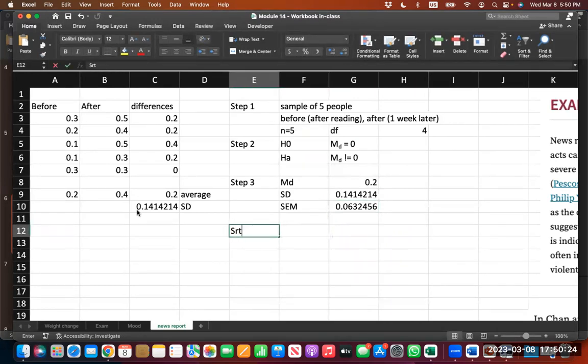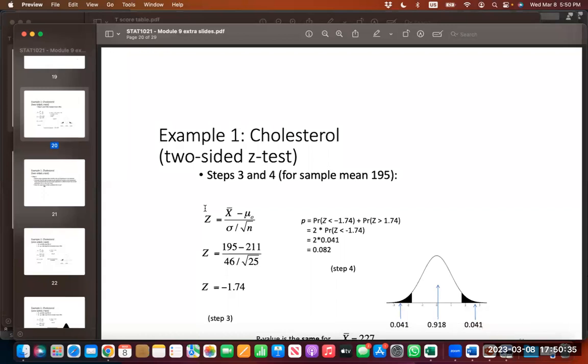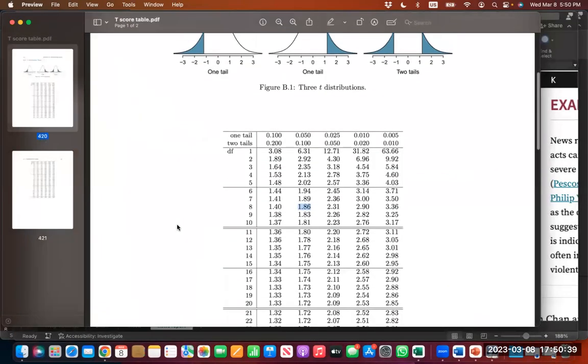Step 4 is now to determine the critical value. This is done in the distribution table. If we have a t distribution table, we have a degree of freedom of 4.